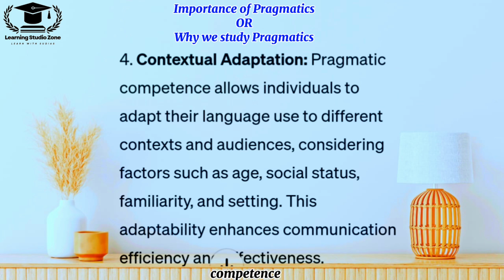Pragmatic competence allows individuals to adapt their language use to different contexts and audiences, considering factors such as age, social status, familiarity, and setting. This adaptability enhances communication efficiency and effectiveness.